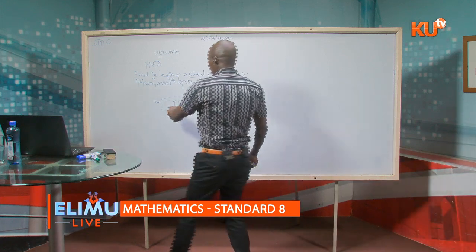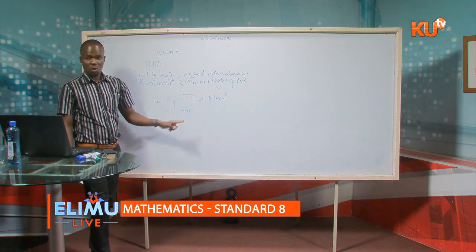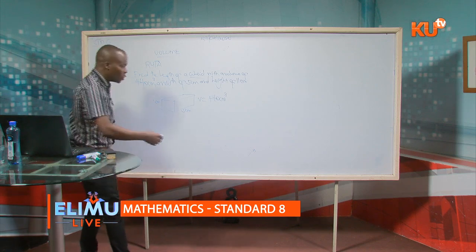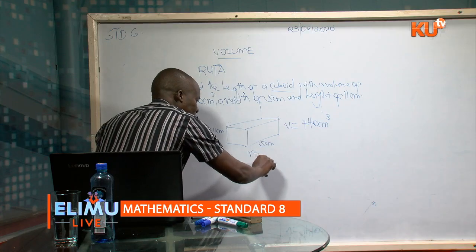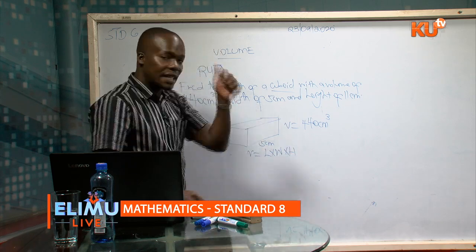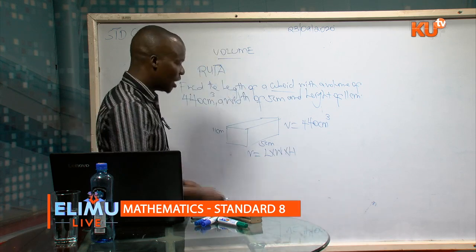I have height, I have width. What do I need? Just the length. So I will come to my equation and say that volume is length times width times height. Write down what you have and note down what's not given.